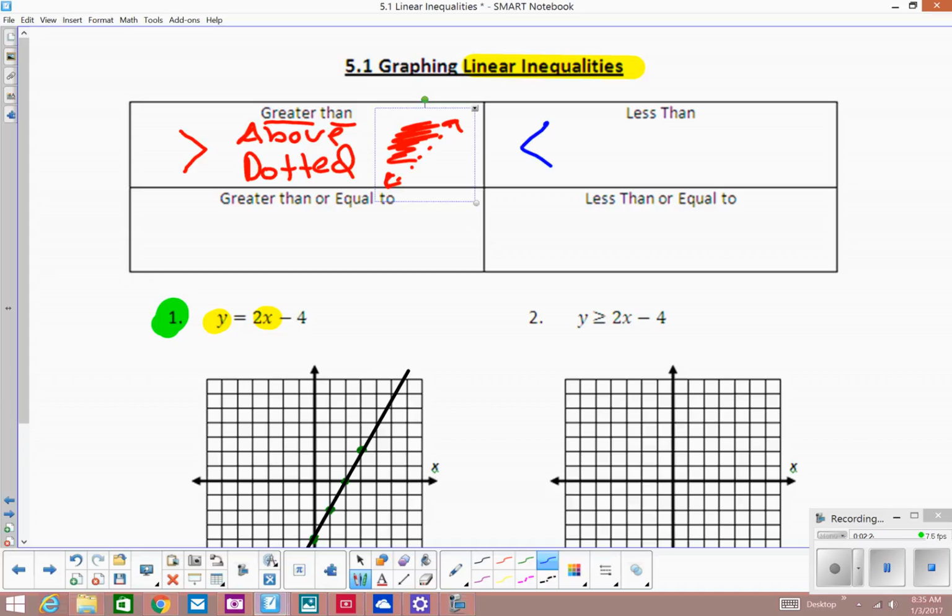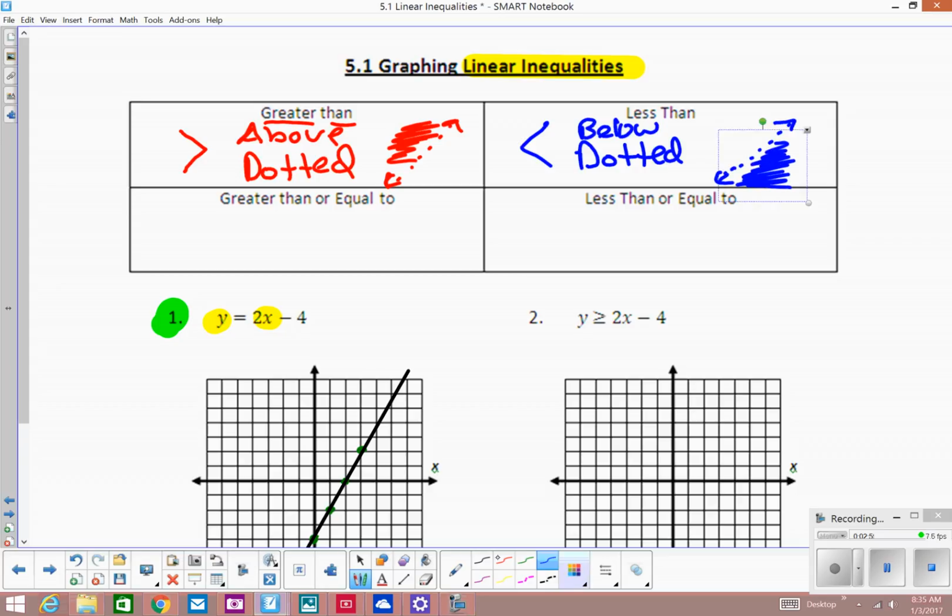Less than is my symbol that looks like that. For less than, I'm going to shade not above, but below, and it's going to be dotted as well, because it's not or equal to. So if I have a line that looks like that, it's going to be shaded below. I'm going to shade below my dotted line like that.